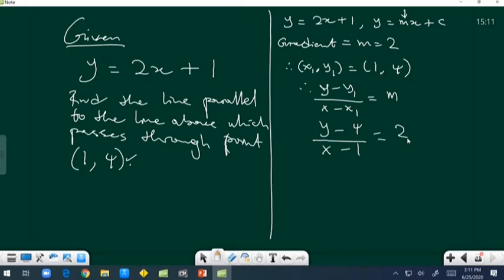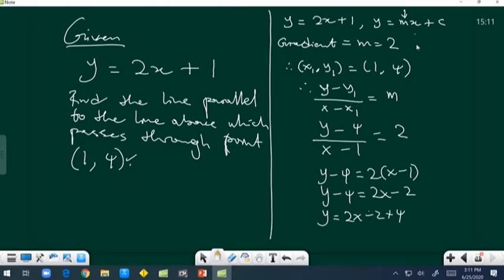When we cross multiply, y minus 4 equal to 2 in brackets x minus 1. So y minus 4 equal to 2x minus 2. We simplify further: y equal to 2x minus 2 plus 4. So finally we have y equal to 2x plus 2.